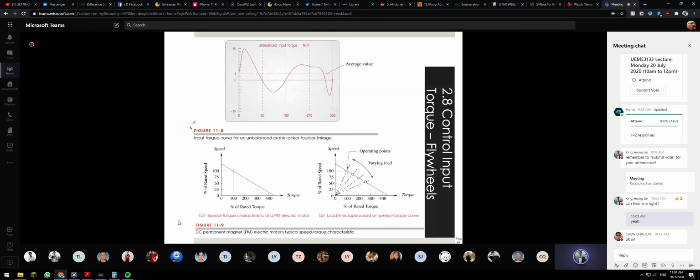Figure 18-8 shows the torque that we have over here. Right? So we found that this is 0. Sometimes the torque can go to the negative side. That means that instead of you having to supply torque, the linkage will actually give you the torque value.